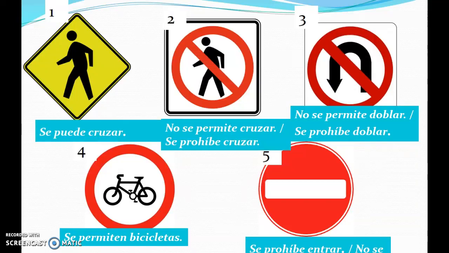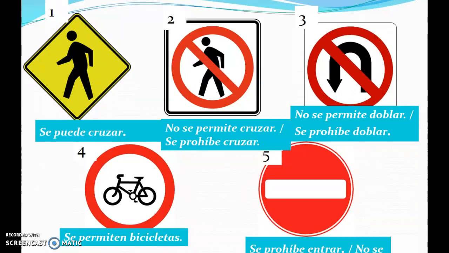Aquí voy a hablar de algunas expresiones con se, específicamente se impersonal. So here we can see quite a few signs that we're used to seeing. Things like se puede cruzar, or no se puede cruzar, se prohíbe cruzar.